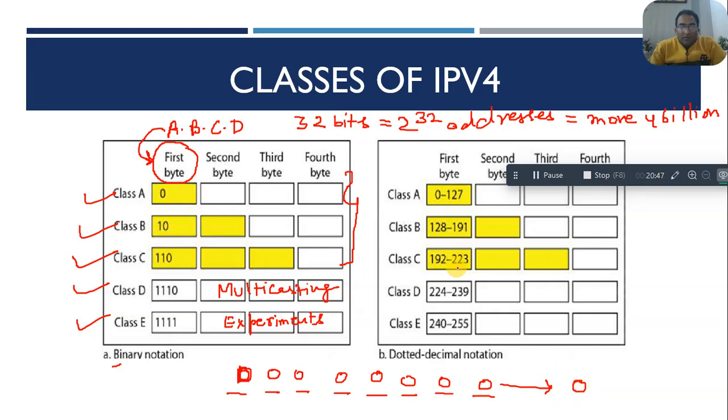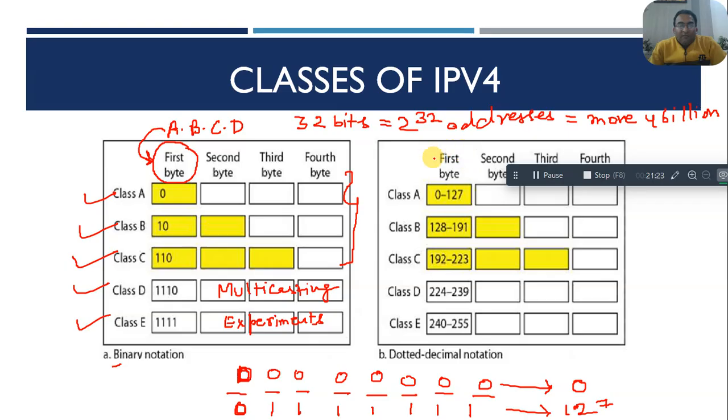And the last address, if we talk about it, will have a 1 in all the remaining bits: 1 1 1 1 1 1 1. If we convert this binary notation into decimal notation, this comes out to be 127. Okay, 127.